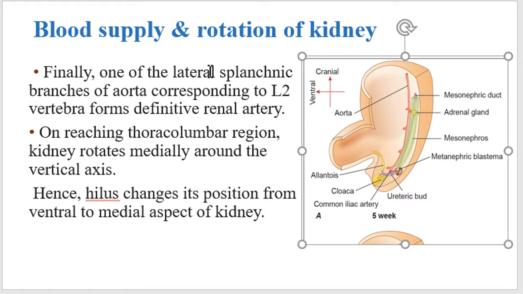When it reaches the level of the L2 vertebra, the lateral splenic artery of that region forms the definitive renal artery. On reaching the thoracolumbar region, it rotates medially around the vertical axis, so the hilum changes its position from the ventral to the medial aspect.